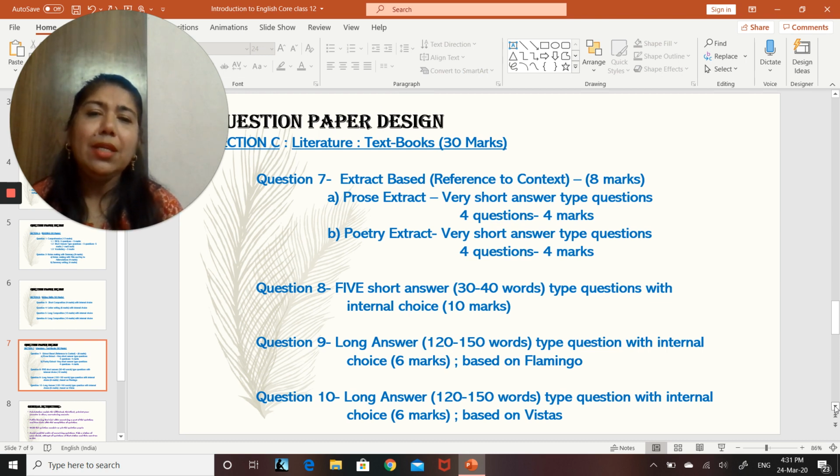And in these two questions, question number 9 is based on Flamingo text, and question number 10 is based on Vistas lessons. Both 9 and 10 have internal choice in them, and students are supposed to know the characters, the plot, theme of the lesson, and are able to take it a little beyond the text also.